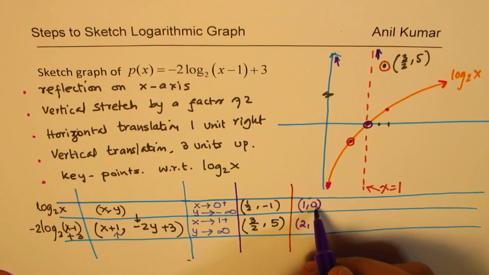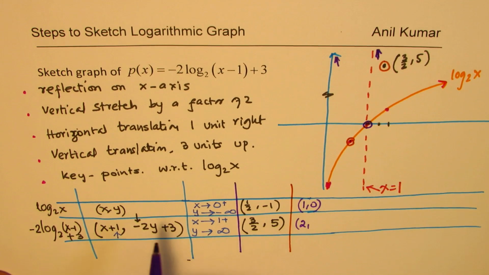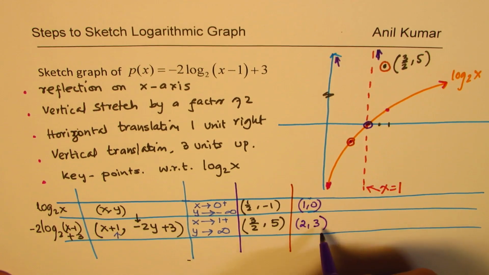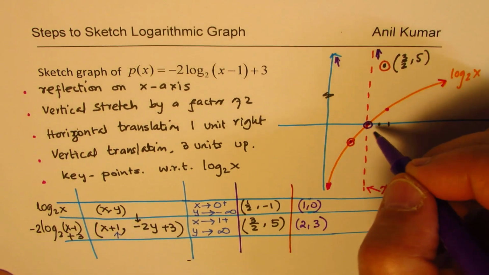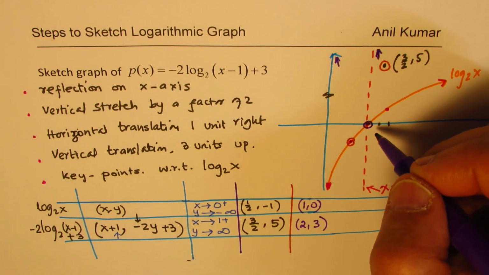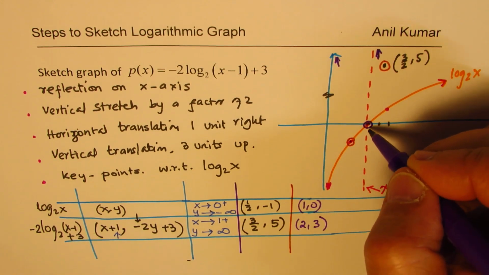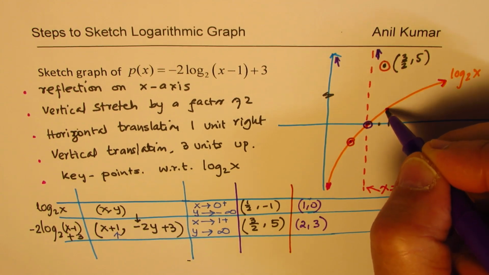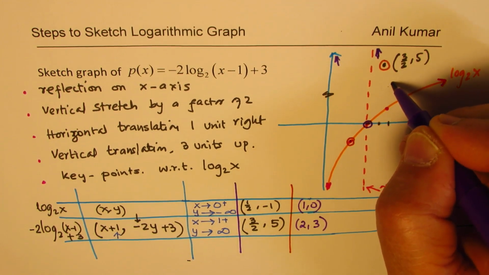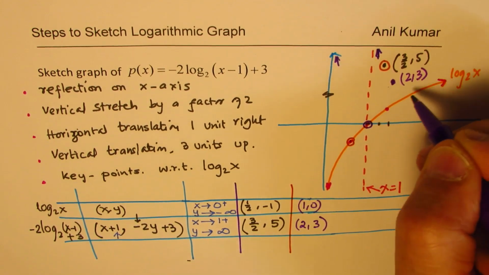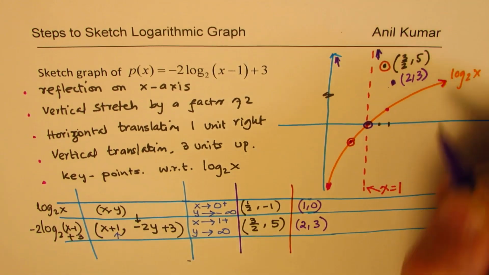If I multiply anything to 0, it remains 0. However, we are translating 3 units up. Does it make sense to you? So this particular point now moves from 1, 0 to 2, 3, right? So somewhere here, 2, 3. So here we have a point which is 2, 3. Perfect. That's your next point.